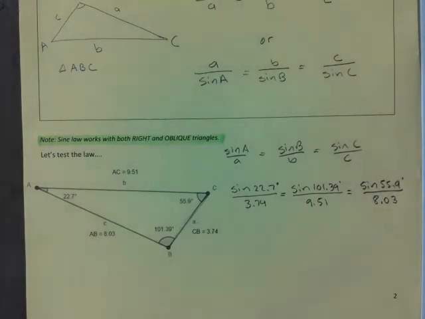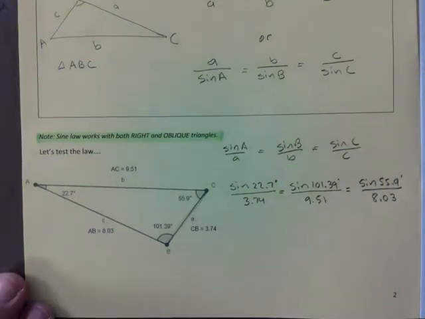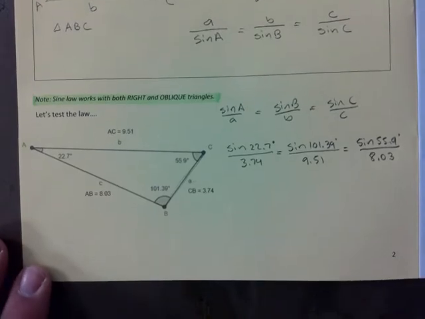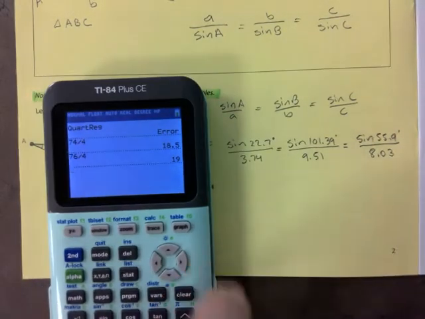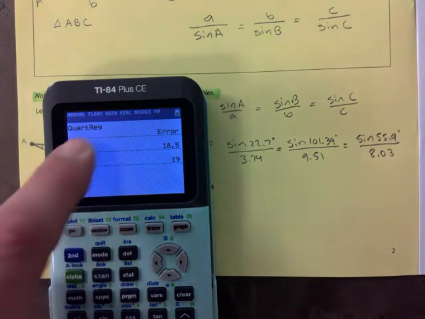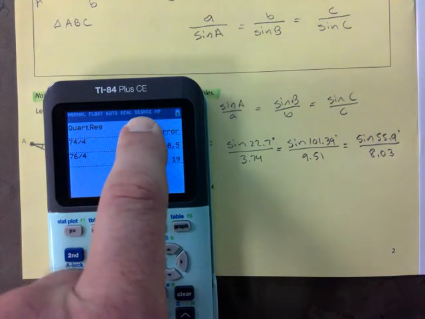Okay, so now you grab your calculator, and real quick, we need to make sure, because some of your calculators have been used by grade 12 applied. So we switched to radians in grade 12 applied. You want it to be set to degrees. Okay, so once you have this written down, you grab your calculator, and you make sure at the top you see degree.